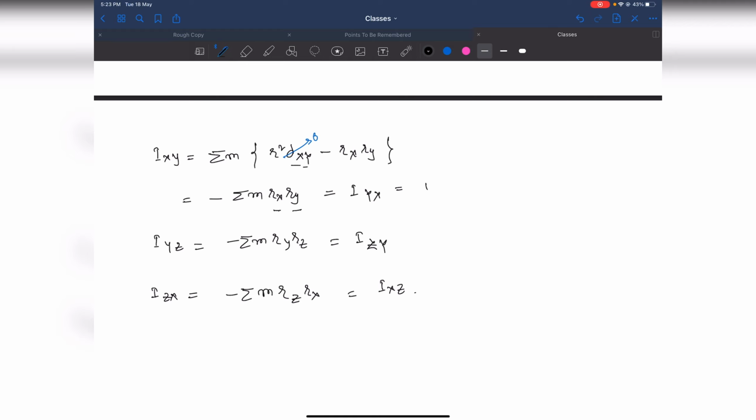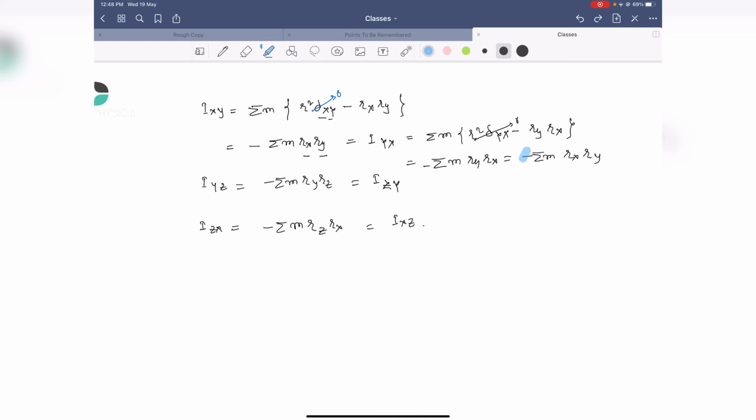So I can write it as summation of m, then similarly r squared del yx minus r_y r_x. This term is 0, so I am basically left with minus of m r_y r_x, which is nothing but equal to summation of m r_x and r_y. This term is the same as this term, so I can say Ixy is the same as Iyx. Similarly, Iyz is the same as Izy, and Izx is the same as Ixz.